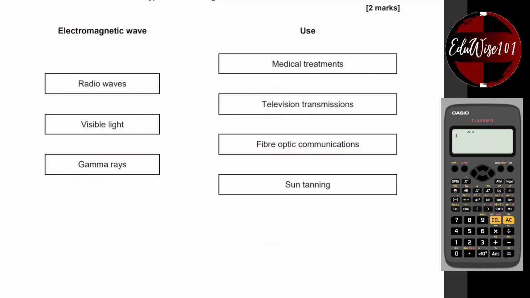1.3. Electromagnetic waves have some practical uses. Draw one line from each type of electromagnetic wave to its use. So radio waves are used for television transmissions. Microwaves can be used for television transmissions as well.